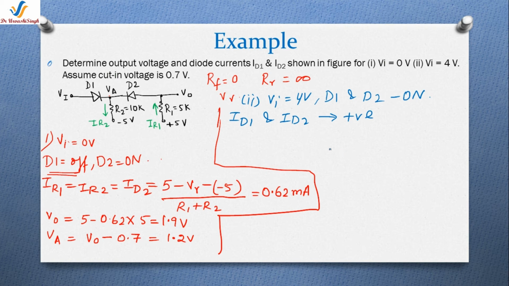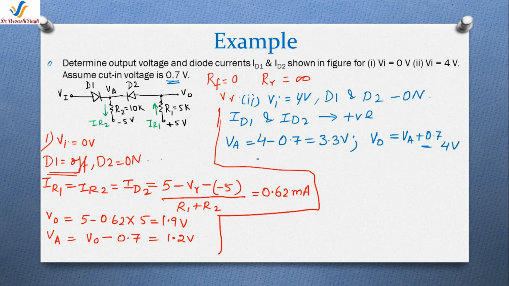So taking D1 and D2 as on, replacing both diodes with the cut-in voltage of 0.7 volt, finding VA is very simple: VA will be V input minus the cut-in voltage, and this is 3.3 volt. So for this, the V output will be VA plus 0.7 volt, that is 4 volt.